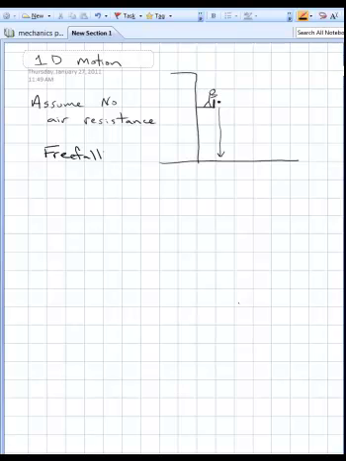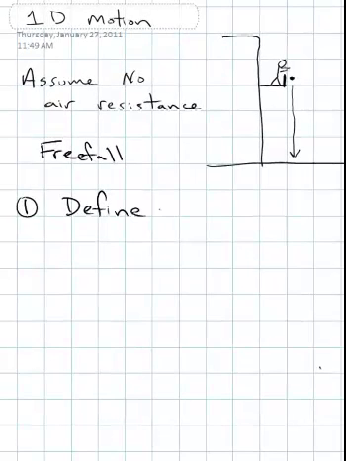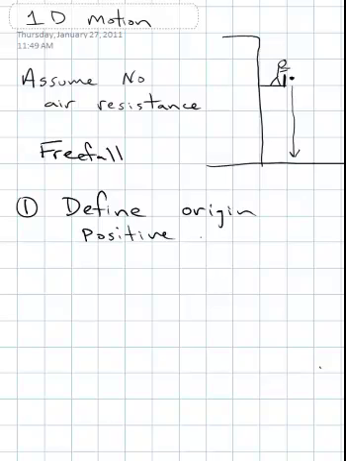So if we're using kinematics, we always start off by defining the origin and the positive directions. So there are a lot of places here.